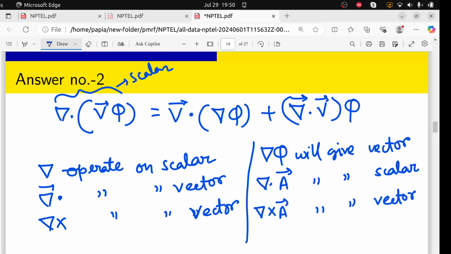So I am taking divergence of v. If I take divergence of v, then what will be the result? Divergence of v is giving a scalar. And phi is also a scalar. So scalar into scalar, as a whole, gives a scalar.